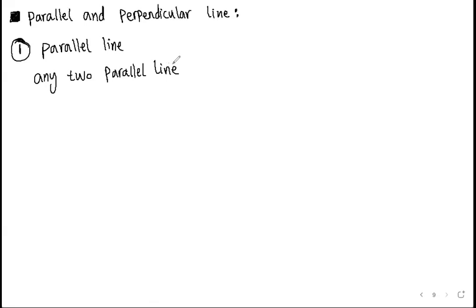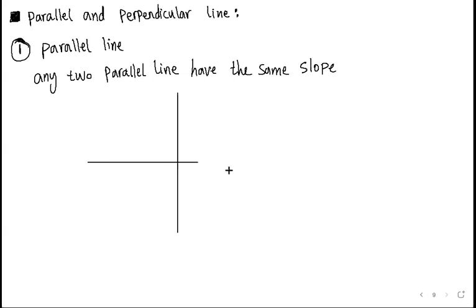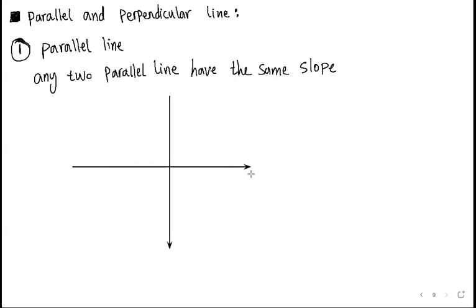Any two parallel lines have the same slope. What do I mean by this? I mean that two parallel lines will never touch each other, with the condition that they do not have the same y-intercept but have the same slope.